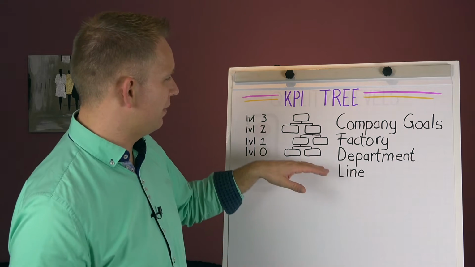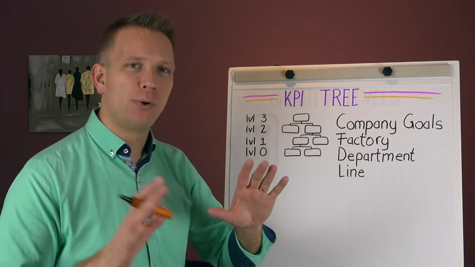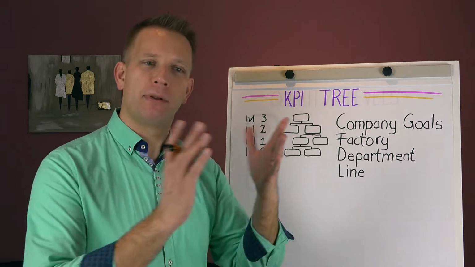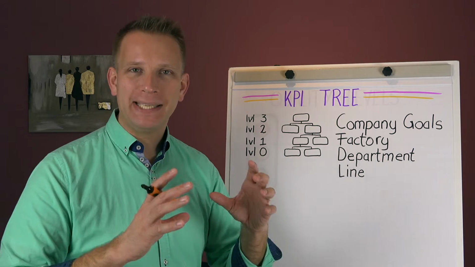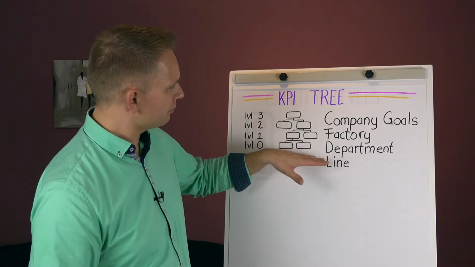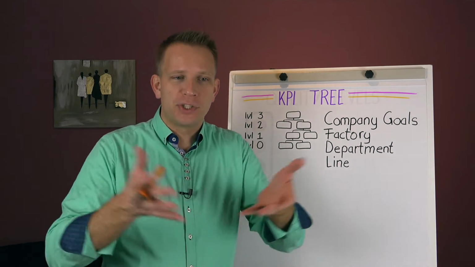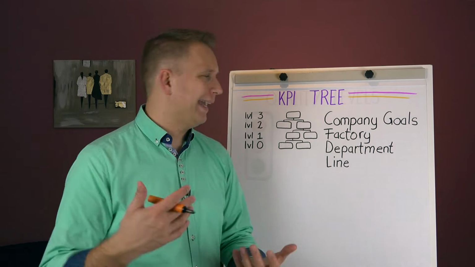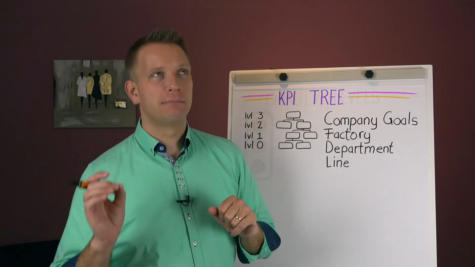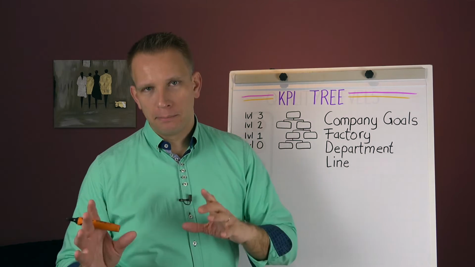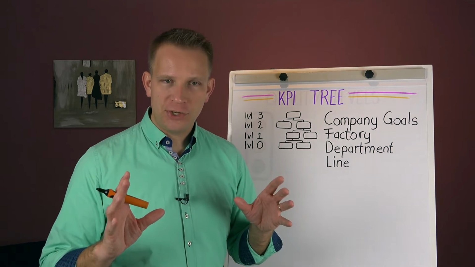This factory might have 3 of them, and they all have their maybe shift, probably daily meeting of what is going on. Then at the factory level, you just want to know what the whole production site is doing. And this you do maybe daily, but more often in a weekly fashion.